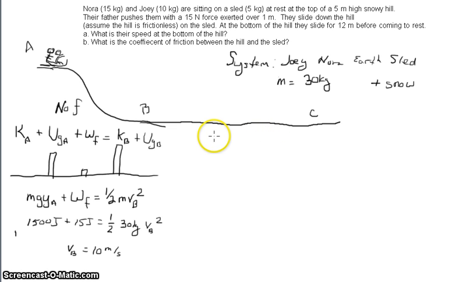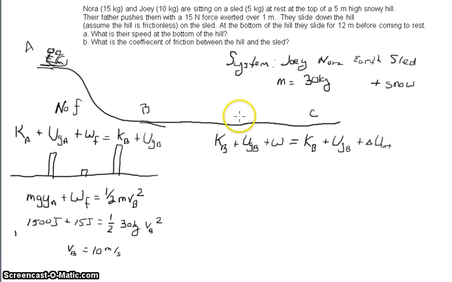So we're going to look at the kinetic energy at B plus the gravitational potential energy at B plus any work done between B and C is equal to the kinetic energy at C plus the gravitational potential energy at C plus the change in internal energy.